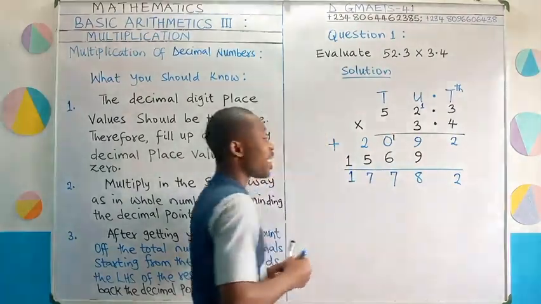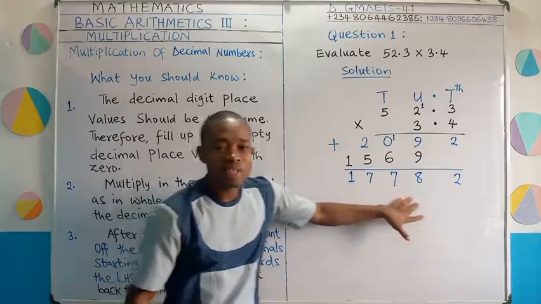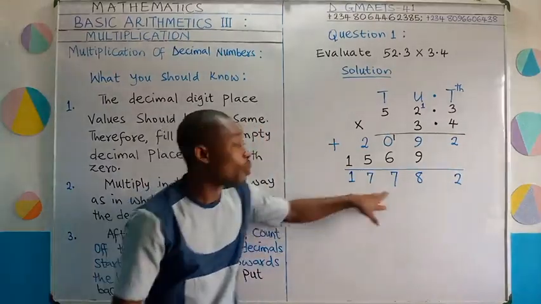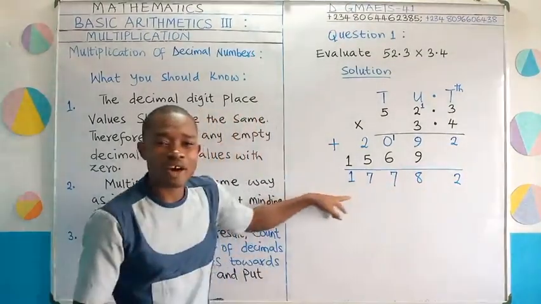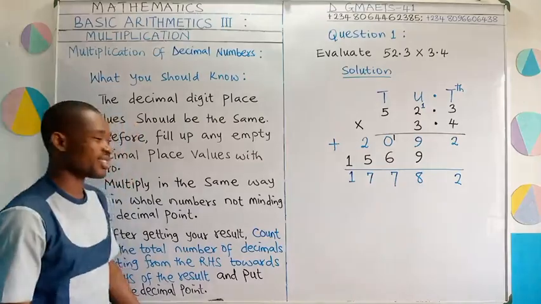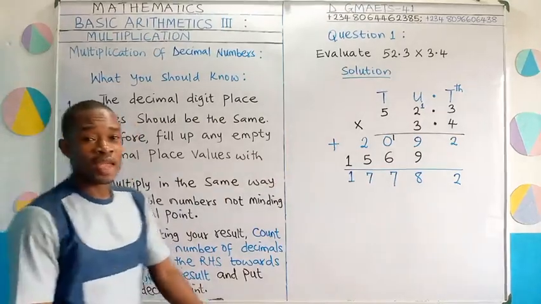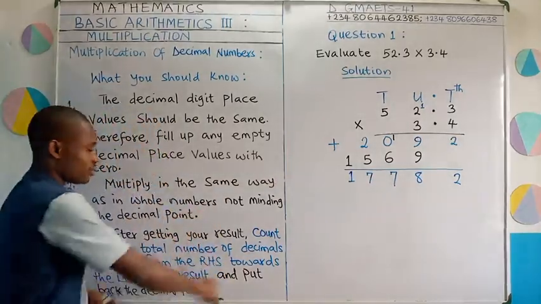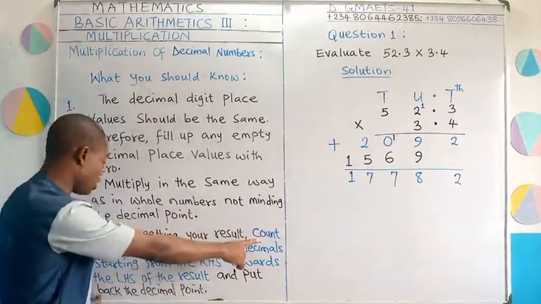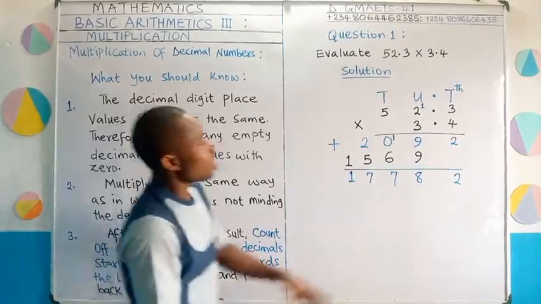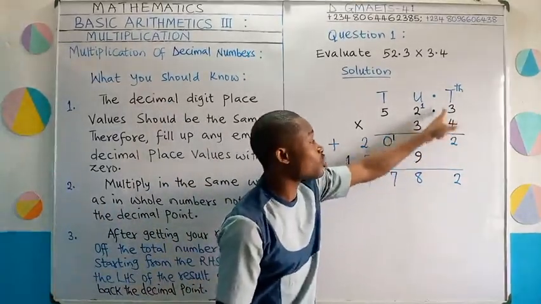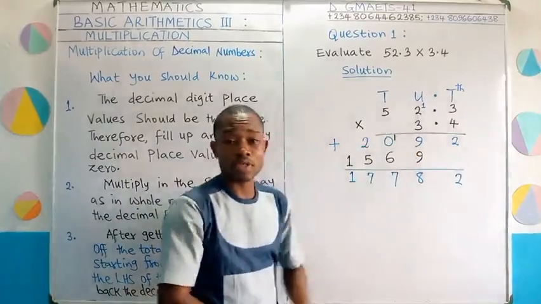Now that I've multiplied this, it is at this point I will find where to put my point. This is where I need to find out where to put my point, because that's the result I've gotten. And how do I do that? What you should know here is that you should count off the total number of decimals. How many decimals do you have in the original numbers you're using to multiply?